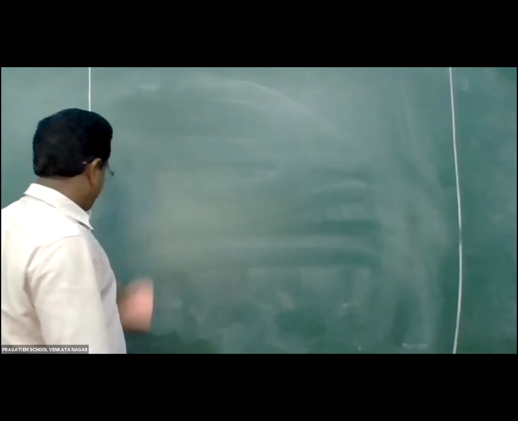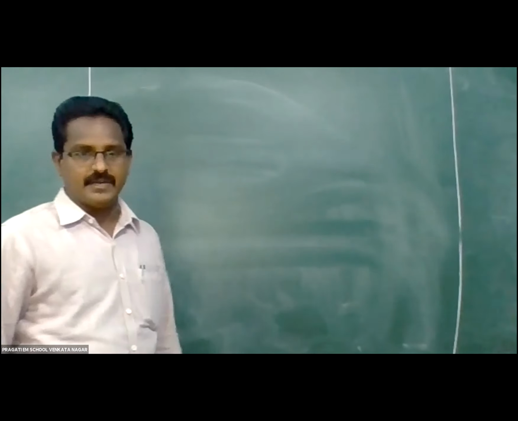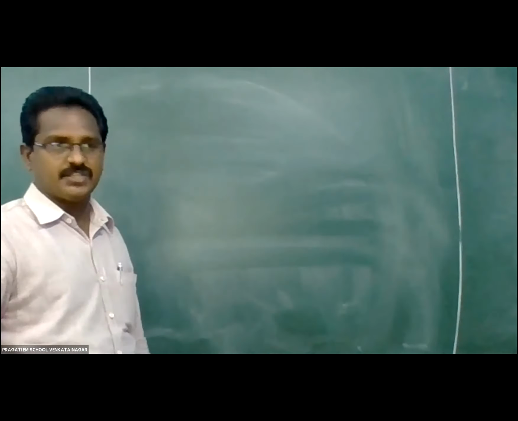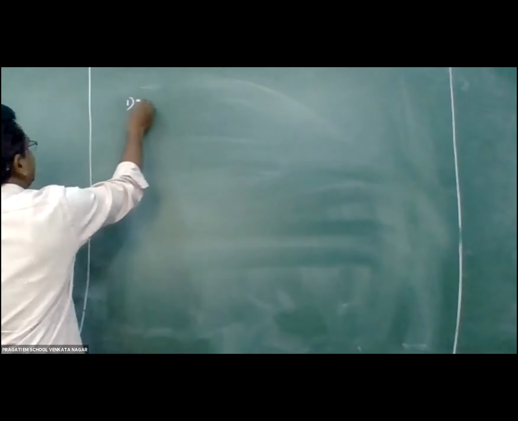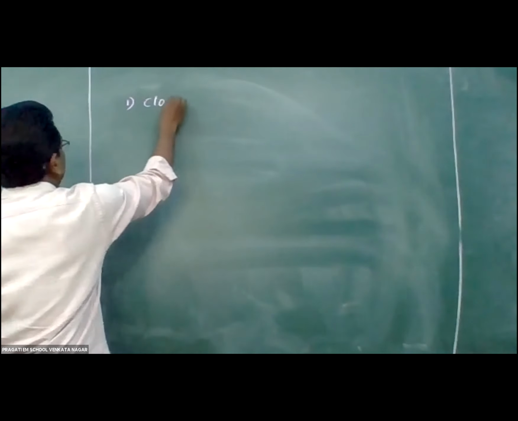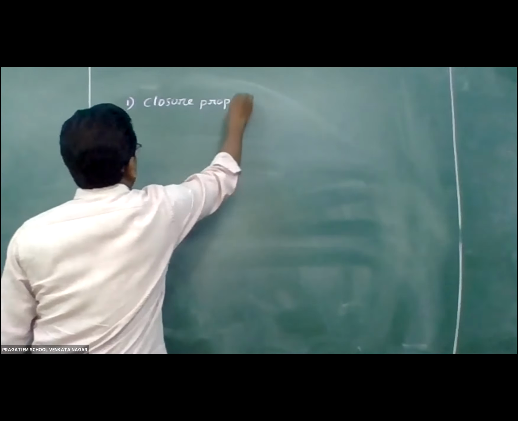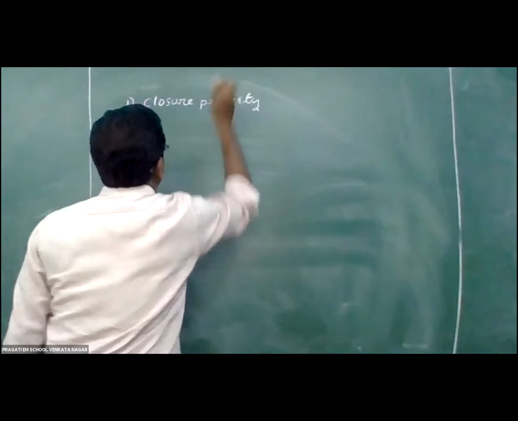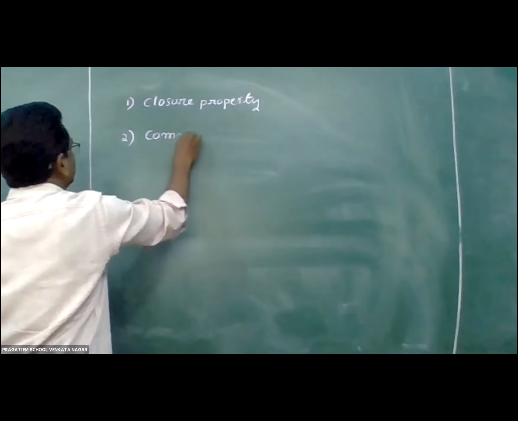Okay. Today we are going to learn about properties of rational numbers. What are the properties of rational numbers? We have some properties. First one, closure property. Second one, commutative property.